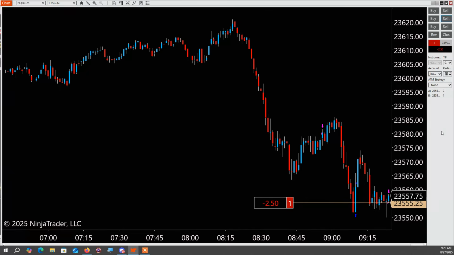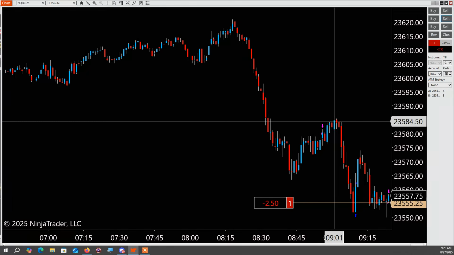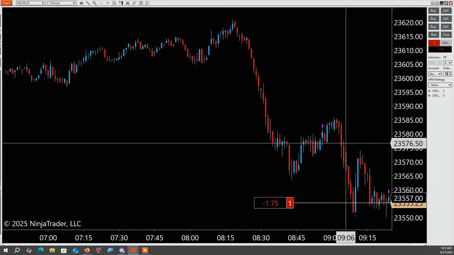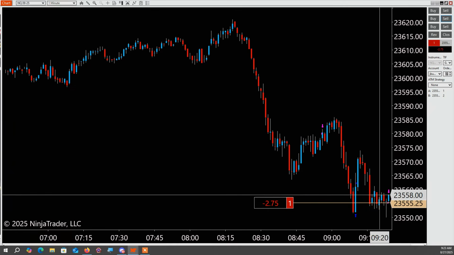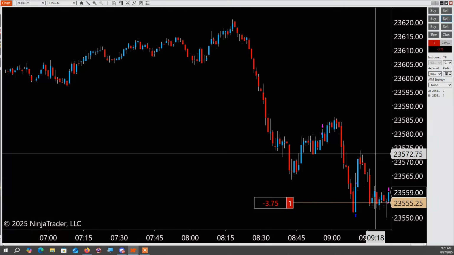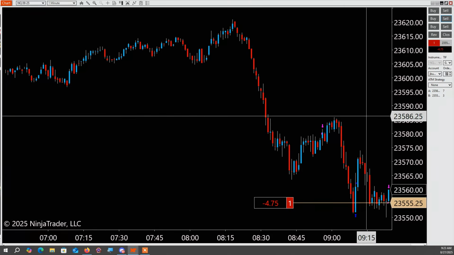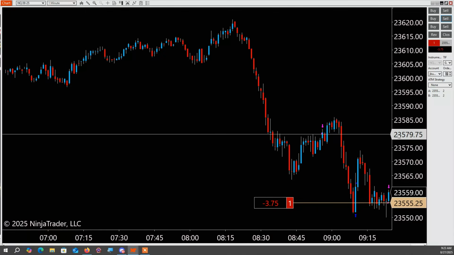Not an ideal location. Much better, of course, is to try and wait, see if it can come all the way here, or at the very least over here. What I will be doing, if price does come here, I'm going to take another short. I'm going to take another one over here. And then my stop would be above 600.